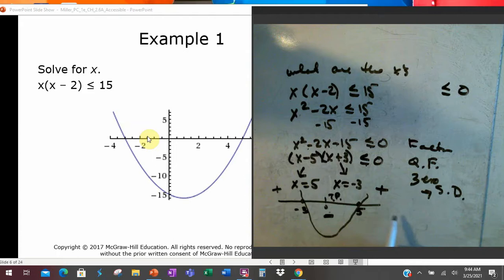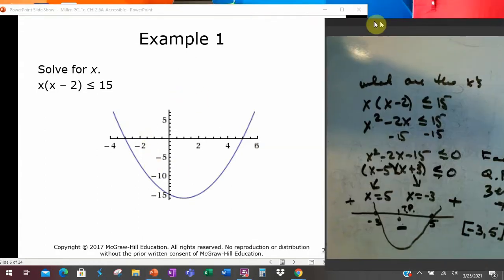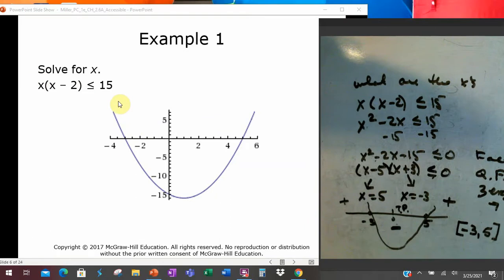So my solution set looks like negative 3, 5. These are included. Any number in here is a negative number for the function, and these are included for the equals. And now if I was given the graph of the function, I would read it off just from the intervals.